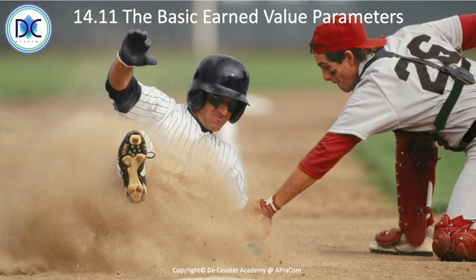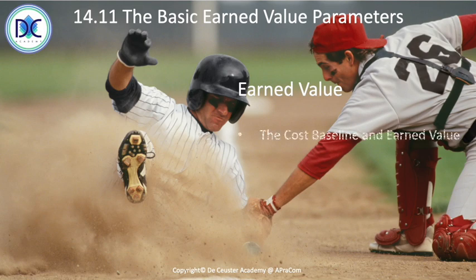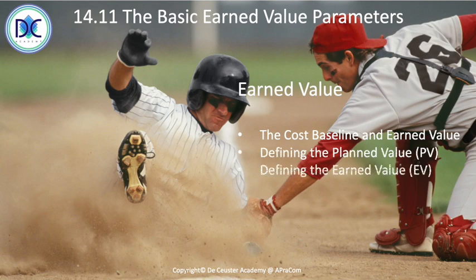We're talking about budgeting and cost, and in this video, I will define the basic earned value parameters. Earned value is an important concept in project management, and we are going to look into different aspects of it. First of all, we look at the cost baseline and earned value.